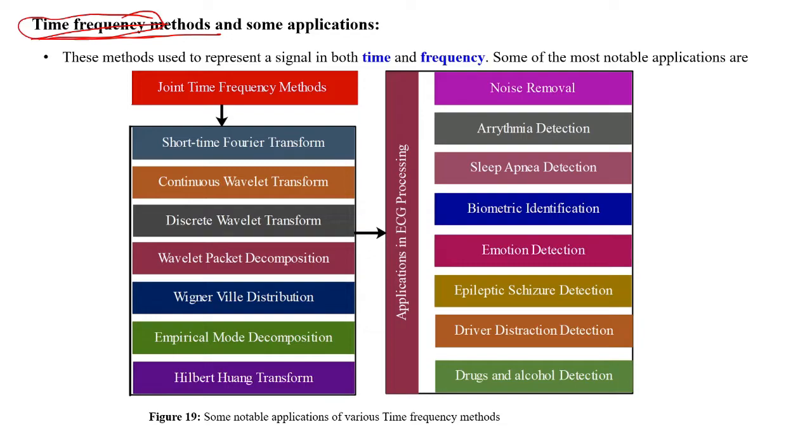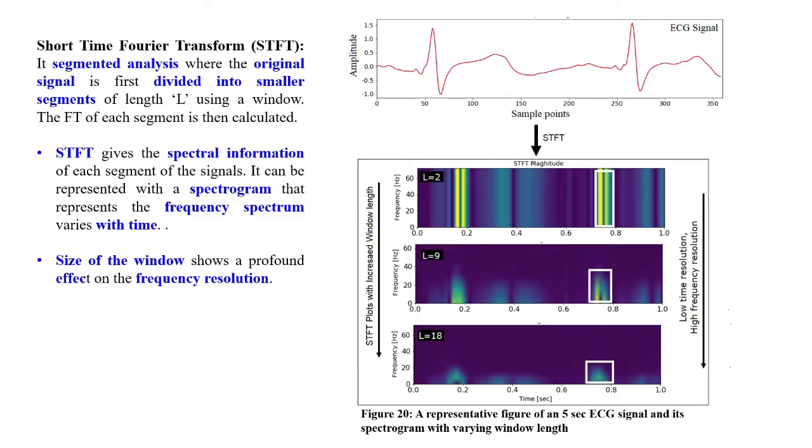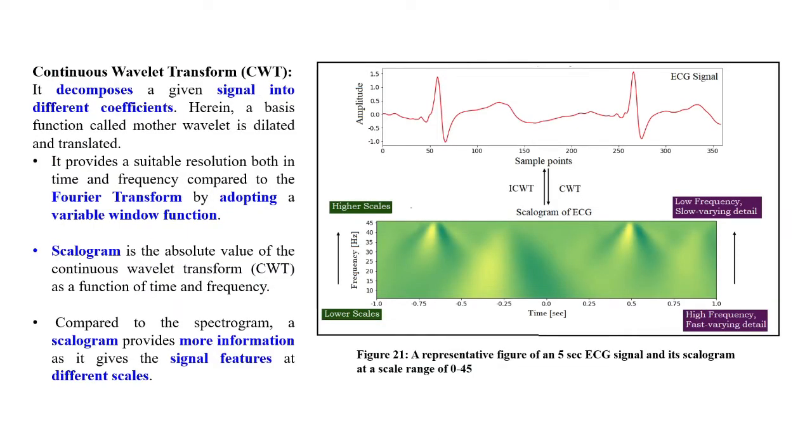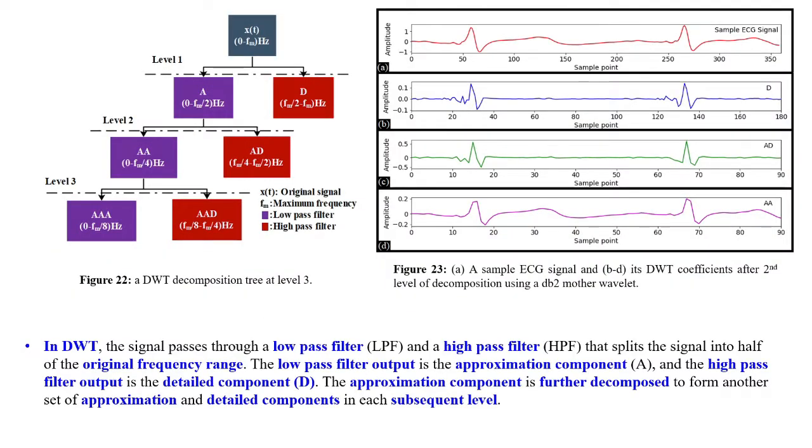But in the introductory class, we will mainly restrict ourselves to the continuous wavelet transform and the discrete wavelet transform. I think I have discussed the short time Fourier transform in my last class. Today we will be starting with the continuous wavelet transform and the discrete wavelet transform.